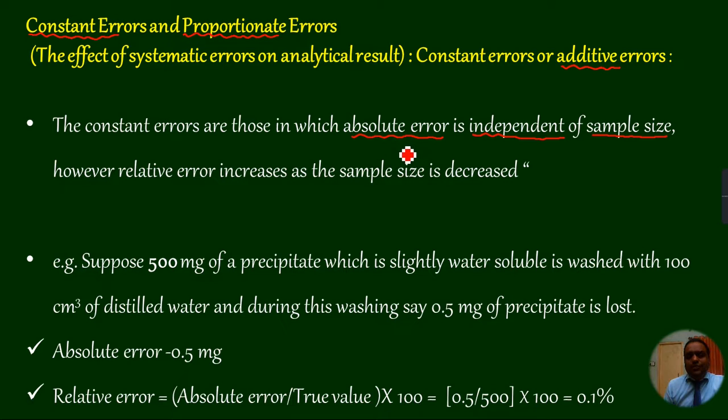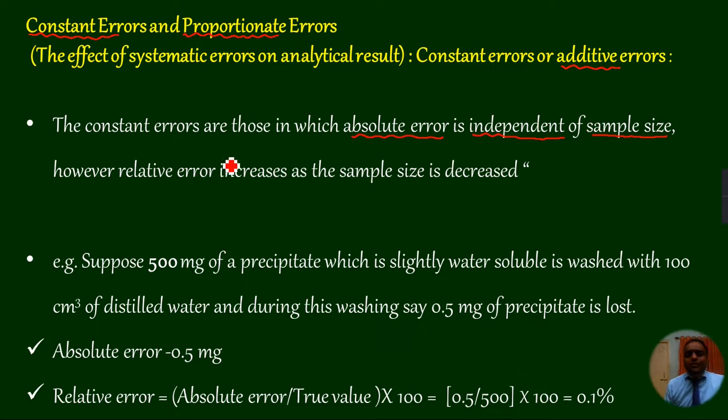That means in this constant error, there will be no effect of sample size on the absolute error. So absolute error will not change upon change in the sample size. However, relative error increases as the sample size decreases.